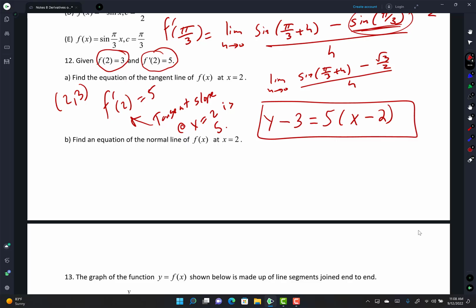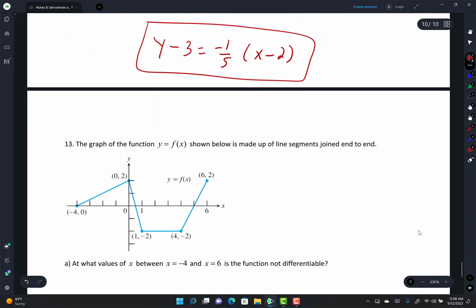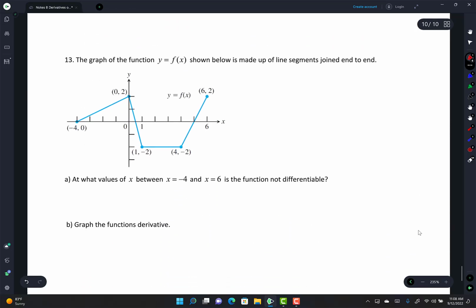It's the same information. So I'm going to do the same thing except that my slope, what's my new slope? Perfect. Negative 1 over 5. Y minus 3 equals negative 1 over 5 x minus 2. Leave it alone. Yay or nay? All right. We just have a few. Relax.